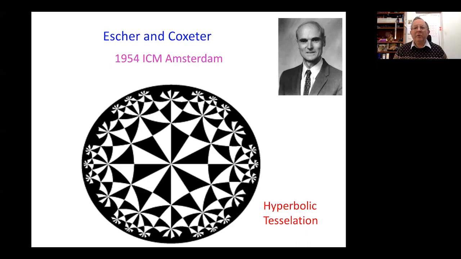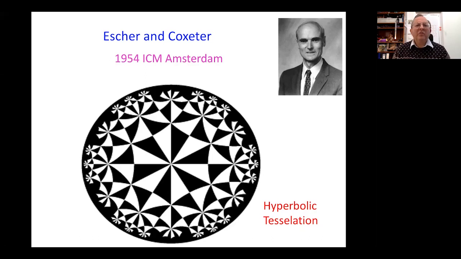One of the people that went along was Donald Coxeter, who is illustrated top right, who was professor of geometry at the University of Toronto up to around 2003. He was still active right up until he died in 2003. And Coxeter was regarded by many people as one of the greatest geometers, if not the greatest geometer, of the 20th century.